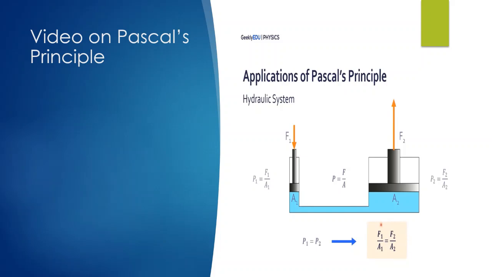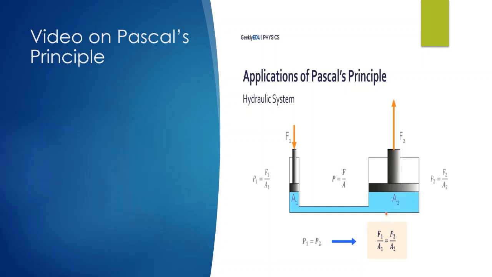This is pretty useful, pretty interesting, okay? Because what matters here is not the amount of force or the area, okay? But this ratio here of force over area. So for a small area like this, we can apply a small force, and we can multiply this force on the other side by increasing the area.